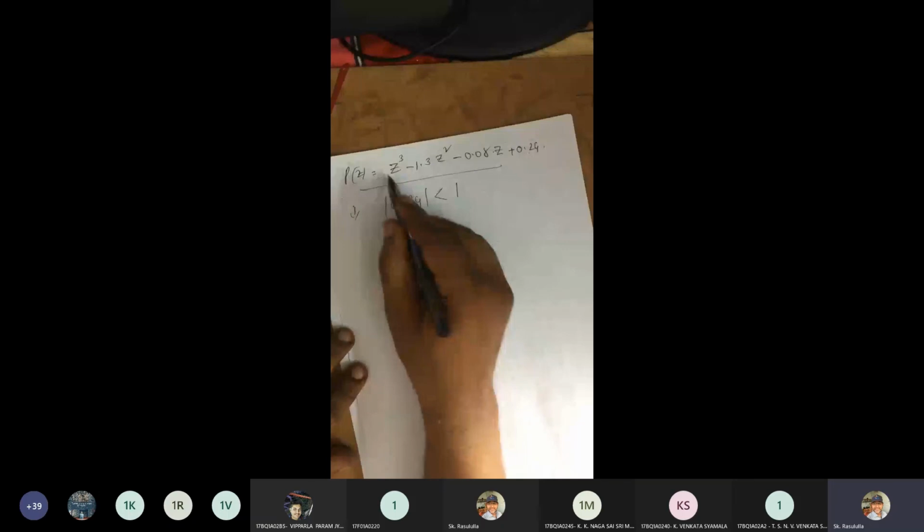See, this is less than 0. When z is equal to 1, it should be greater than 0, but here it is less than 0. So you can say that it is unstable. No need to go for the jury table. In the necessary condition itself, it is clear that the system is unstable.